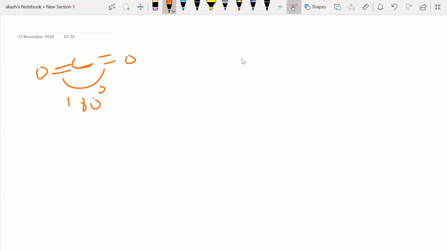So if I take SO4 2 minus, this is how it's going to look. Okay, so this is my SO4 2 minus, people. Now, if you look at this, tell me whether sulfur has any lone pair here or not.